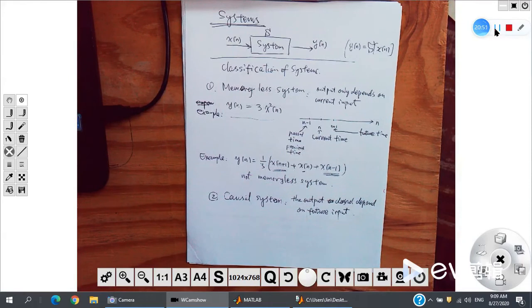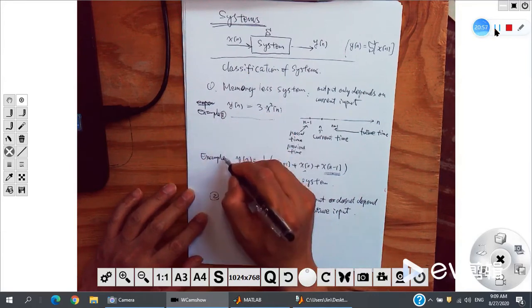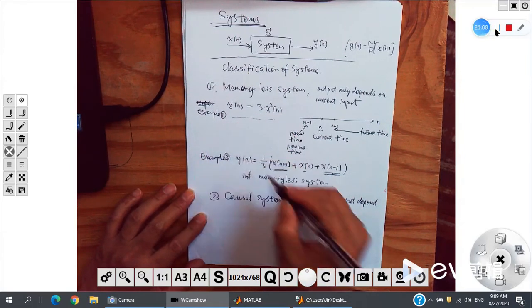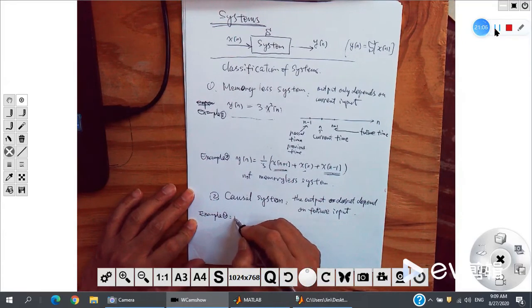Like in these examples, I say this is example 1, and example 2 is not a causal system.